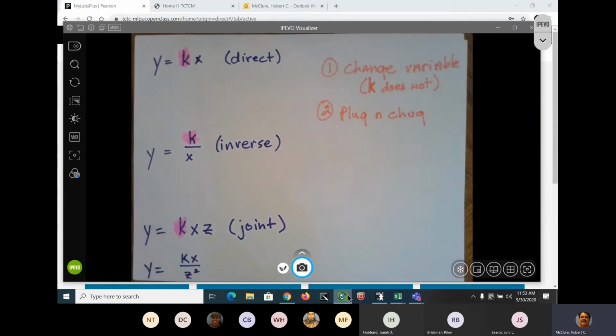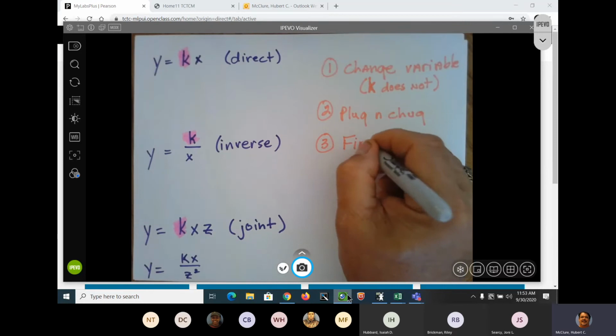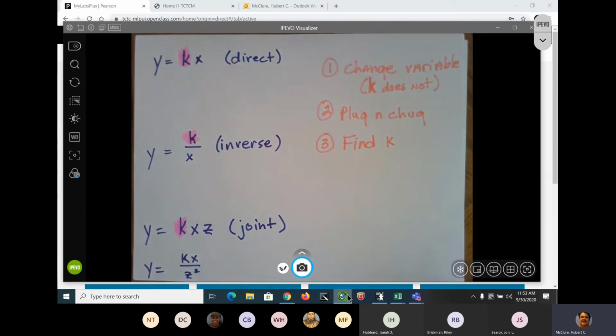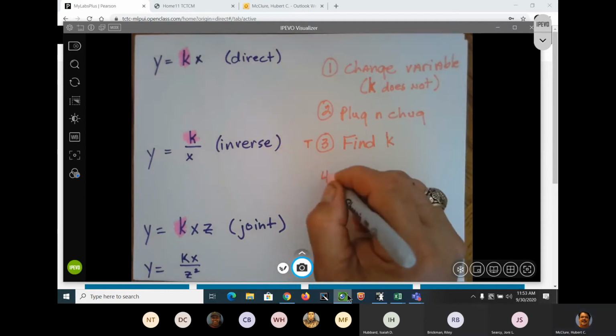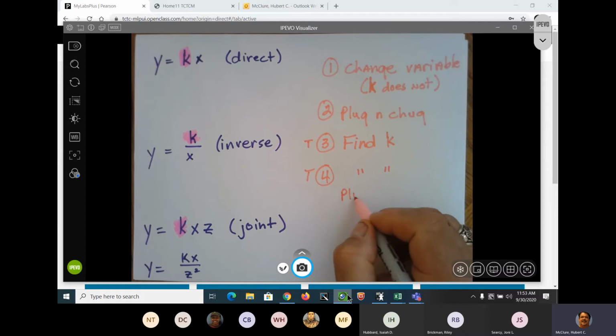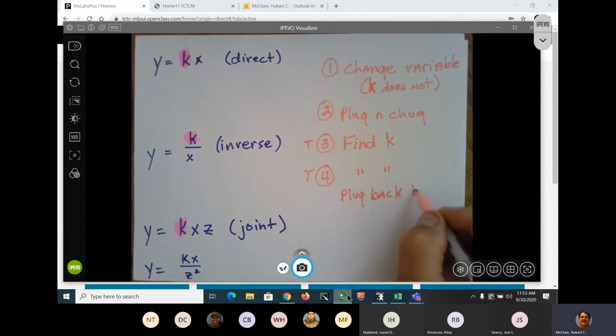Now, the next three could be test questions. All right, three: find K. After you plug and chug, find K. That's going to be a test question, so I'm going to put a T beside that. Four: find K, plug back into the formula.